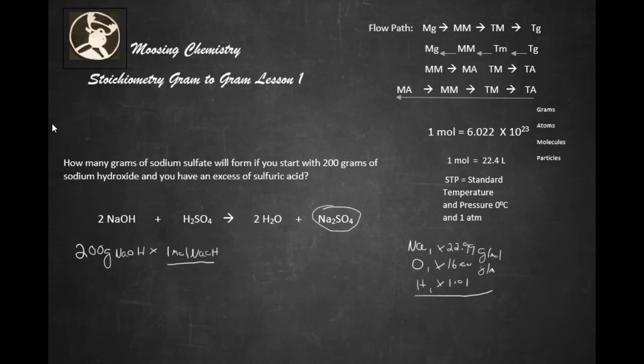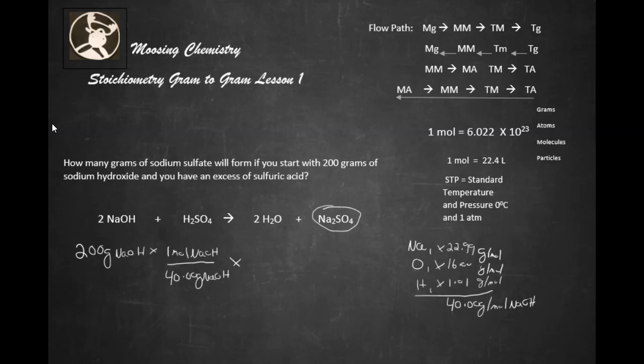So put that in there just like that. And when we add this all up, this is going to be 40.00 grams per mole of sodium hydroxide. So now we're going to put that number down here. Okay, so far, so good.